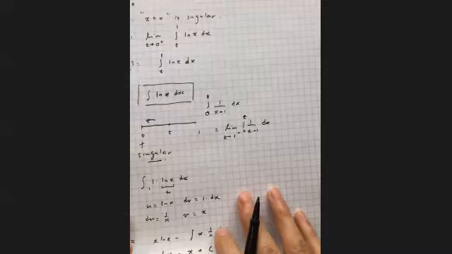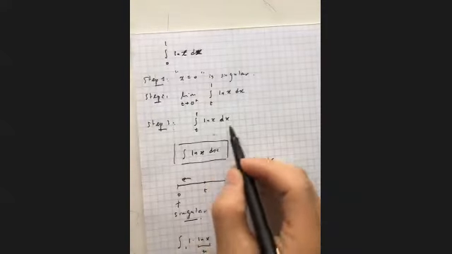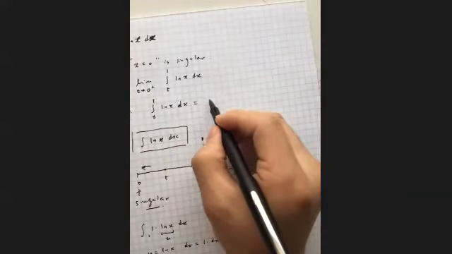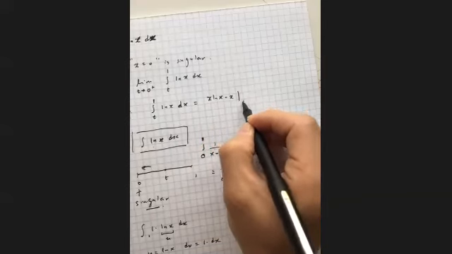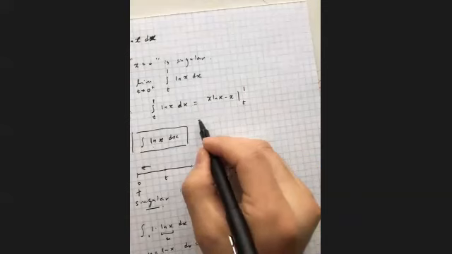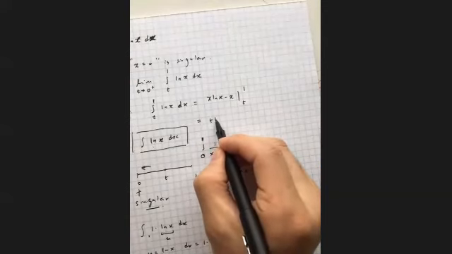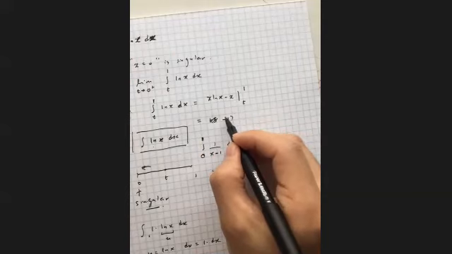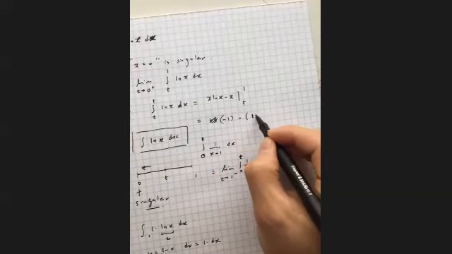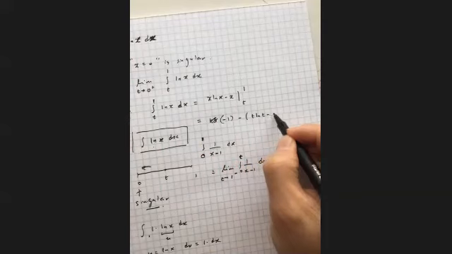So this is step 3. We know how to evaluate this. This is just equal to x log x minus x from t to 1, which equals minus 1 minus t log t minus t.